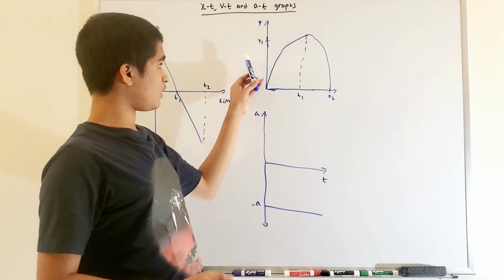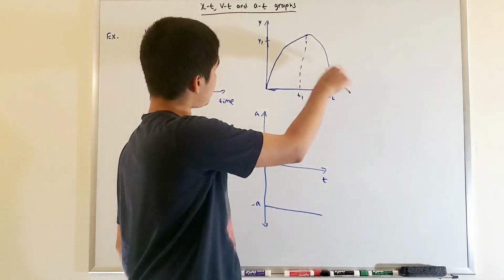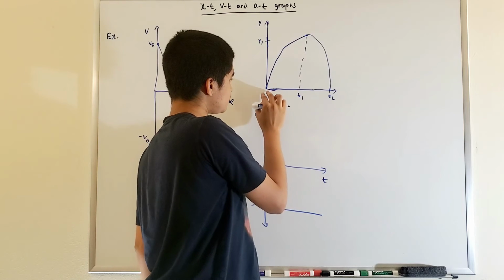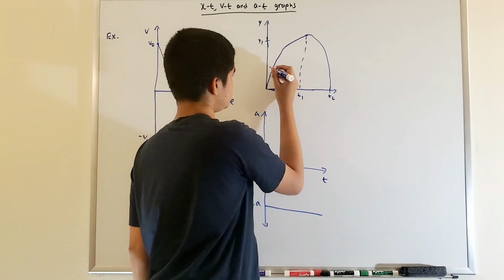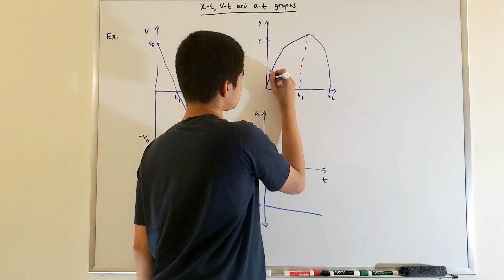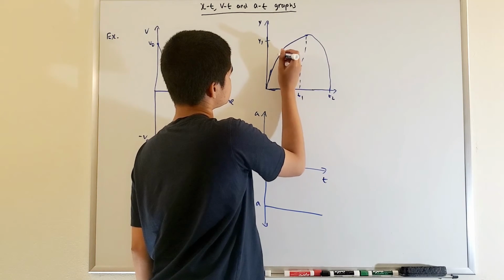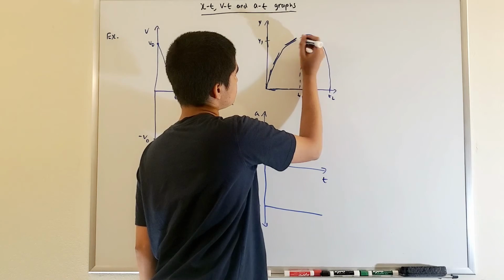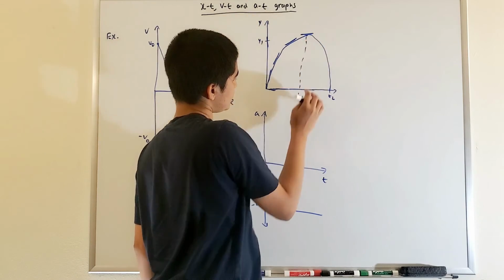And let me show you how. So in my displacement time graph, you can see that from time equal to 0 to time equal to t1, the slope of the tangent line is slowly decreasing until it reaches 0 at time equal to t1.